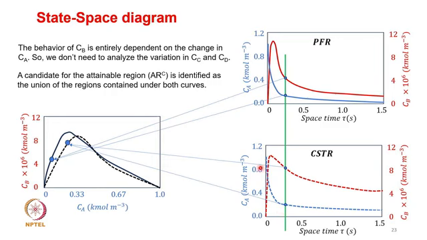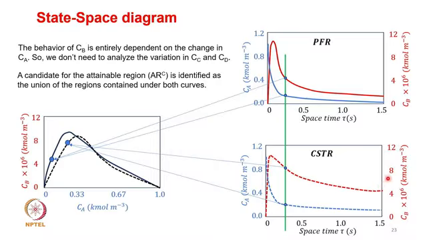The dashed lines represent the CSTR profiles, and the solid lines represent the PFR profiles. Here also your A would be continuously decreasing, and B would reach a maximum, then finally it would decrease.